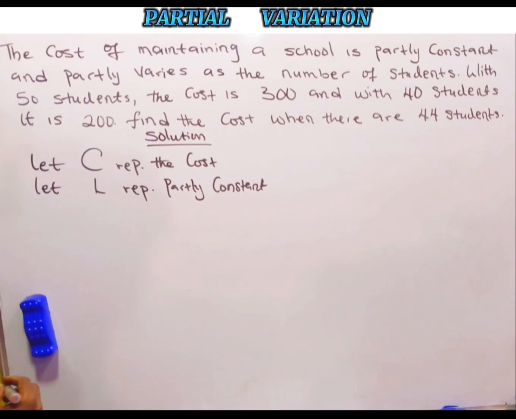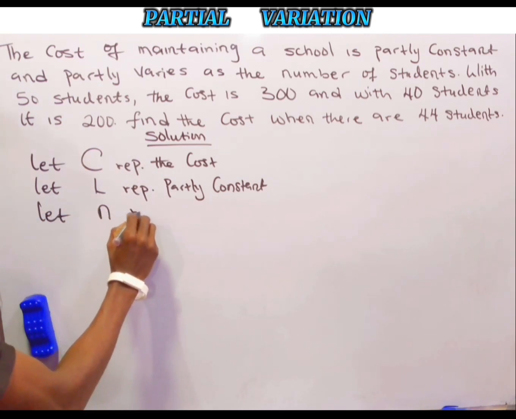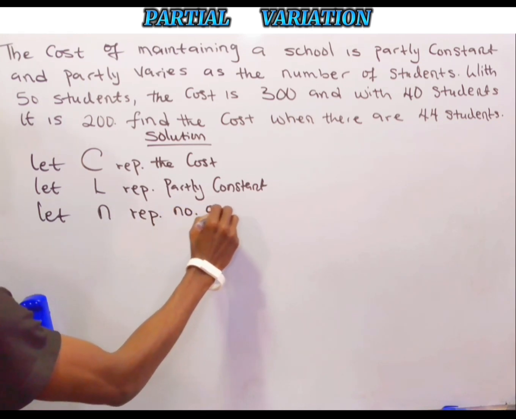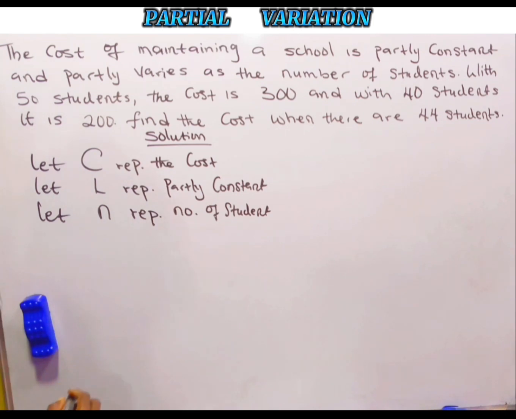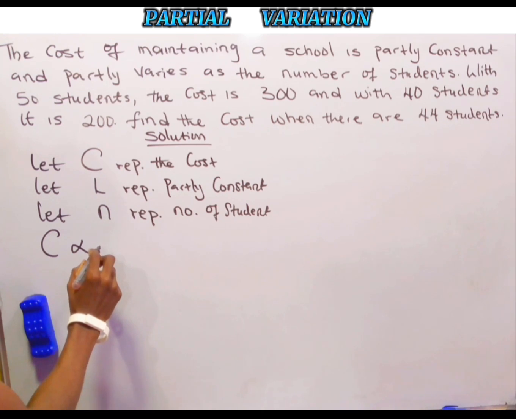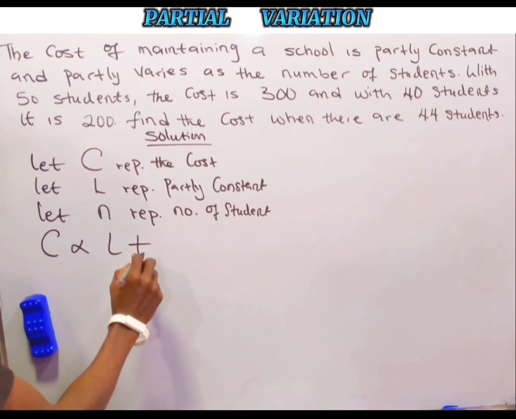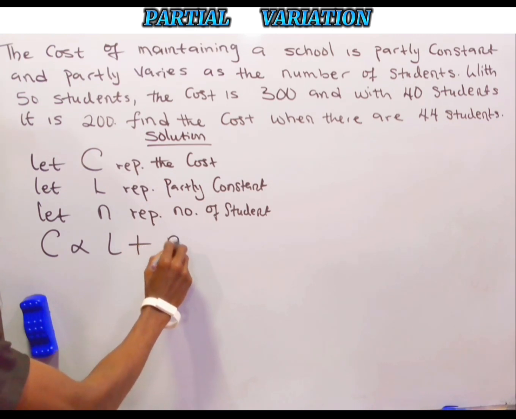And partly varies as the number of students. Let N represent number of students. Therefore, the cost of maintaining a school, C, is partly constant and partly varies as the number of students.